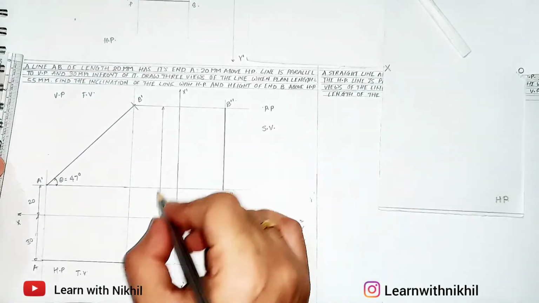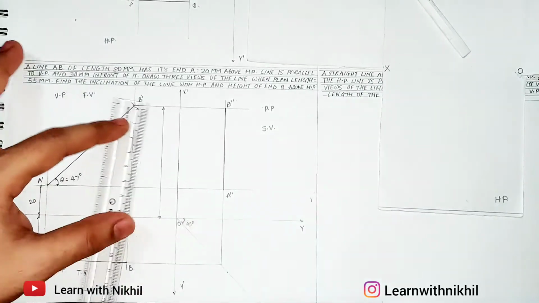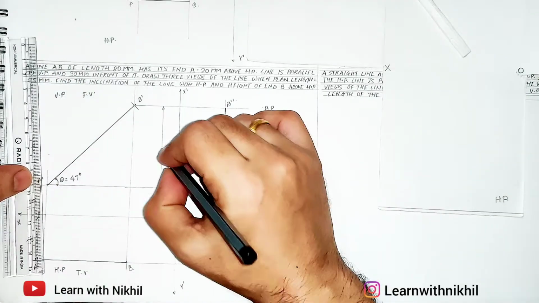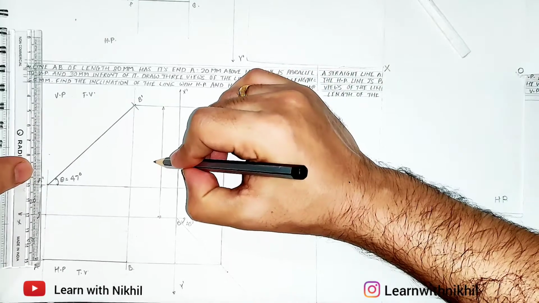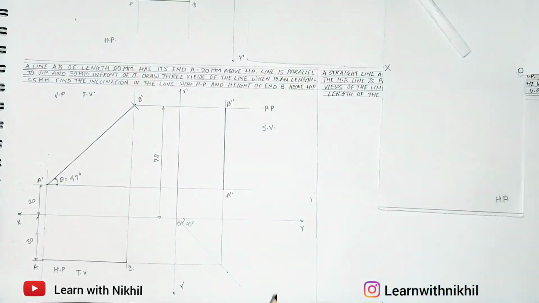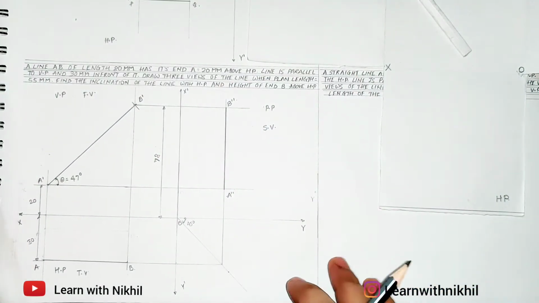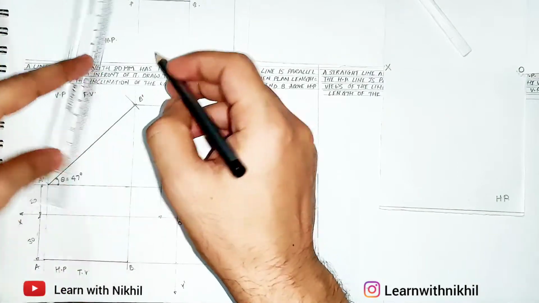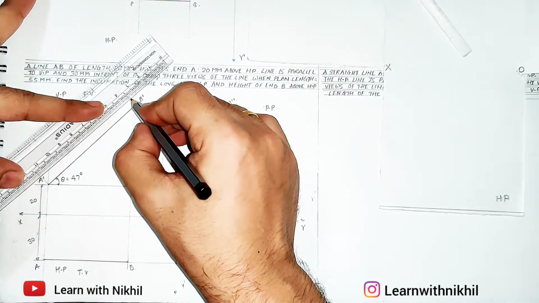This is the height of end B above HP. So this length comes around 78. Again, 78.1 or 77.9, 0.1 degrees here and there, it's fine. This is the actual length or the true length.